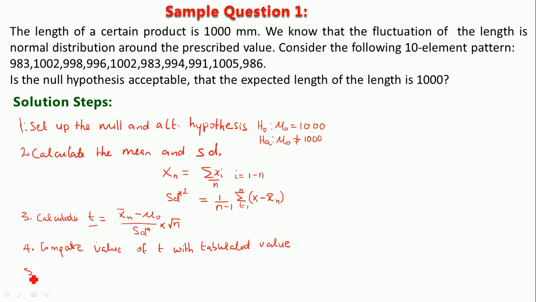So step 5, if the value of t that you calculated is greater than the t that is tabulated, which is sometimes represented to be t 0.05, we'll talk about this later, then reject the null hypothesis.